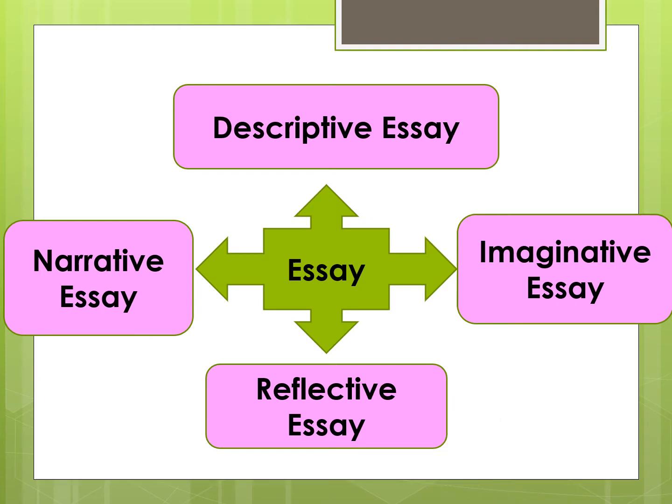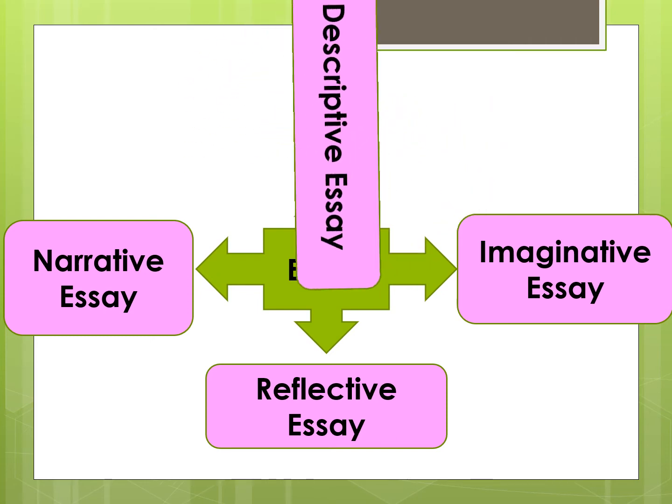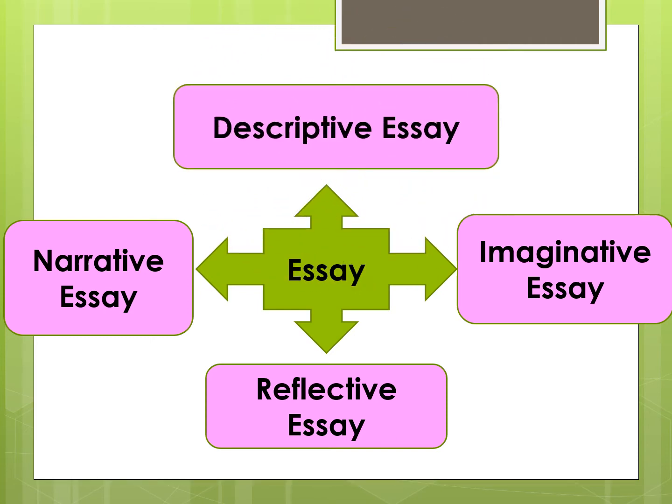Essays can be classified as descriptive essay, imaginative essay, reflective essay, and narrative essay. A descriptive essay is an essay that describes something. It could be an object or a person or an event.